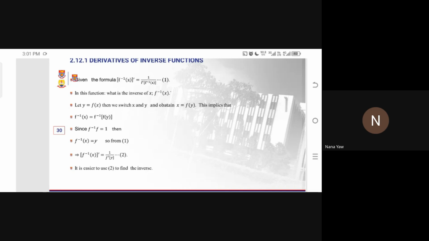Remember that we said let y be equal to f of x. So they switched the x and y positions, and then they found f inverse of x to be that. They just simplified it. Okay, so it means in the last one, the y is the inverse. Very good. Okay, thank you. So it's just the same thing.